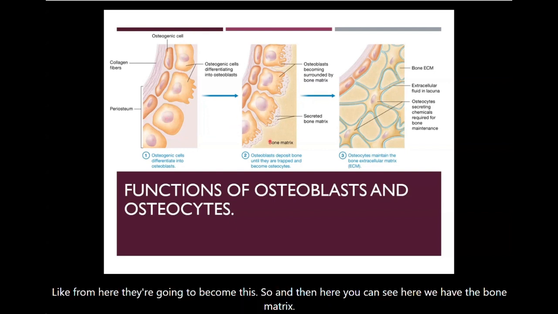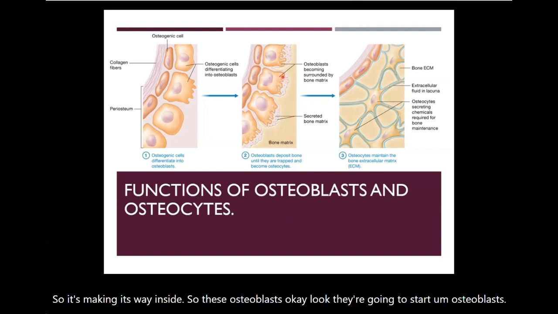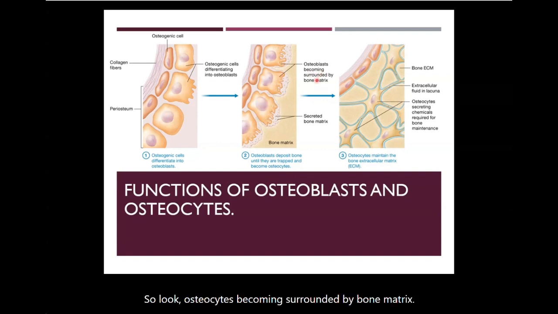And then here you can see we have the bone matrix, so it's making its way inside. So these osteoblasts are gonna deposit bone until they are trapped and they become osteocytes. So look, osteocytes becoming surrounded by bone matrix.